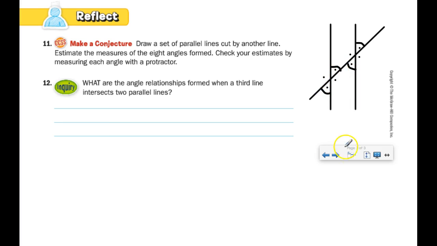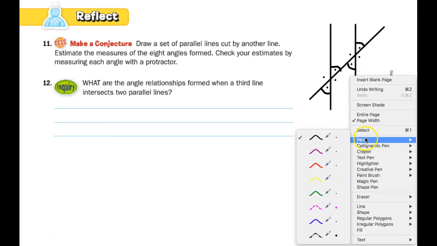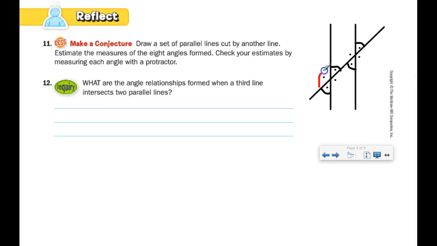And then you have, let me change my color so it makes a little bit more sense here. This and this is congruent. And also this and this is congruent. So the black angles are all congruent to each other, the red angles are all congruent to each other. The red and black are also supplementary to each other.